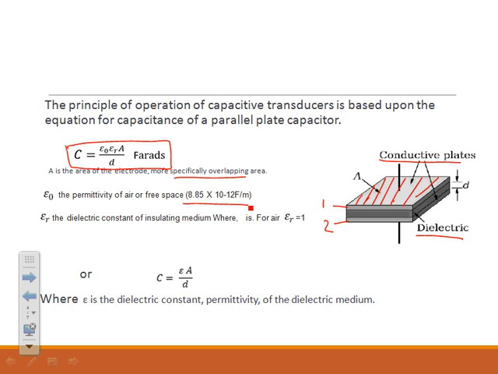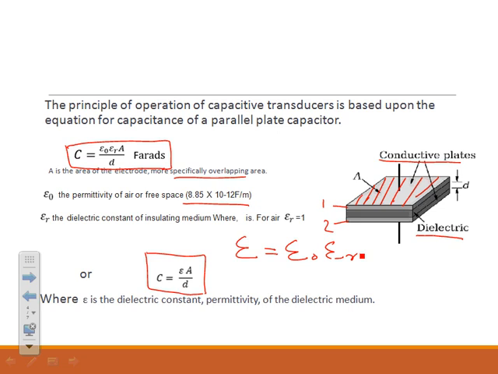Or we can say capacitance C is equal to epsilon A divided by D, where epsilon is the permittivity, which can be written as epsilon equals epsilon naught into epsilon r. So this is the basic principle.